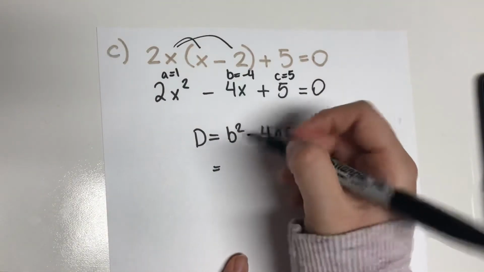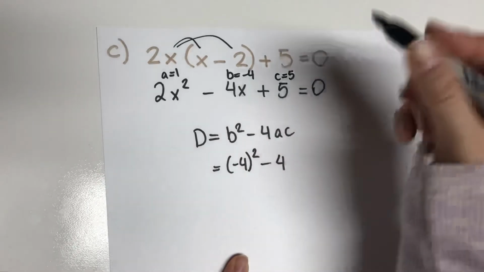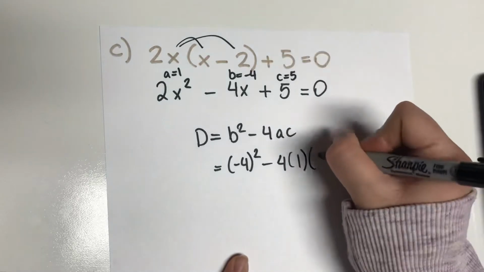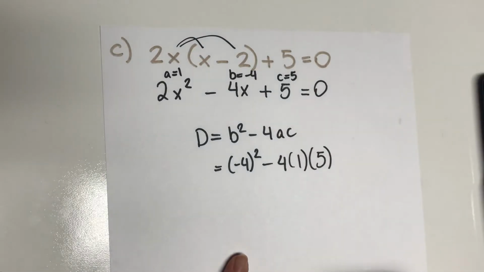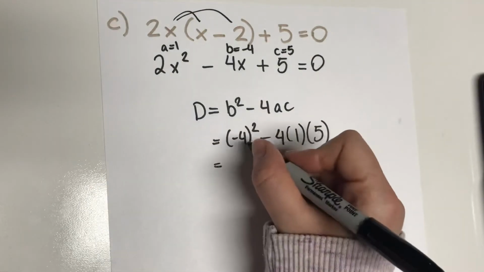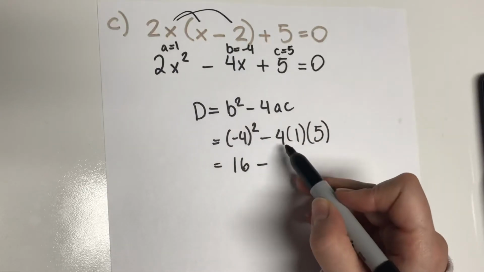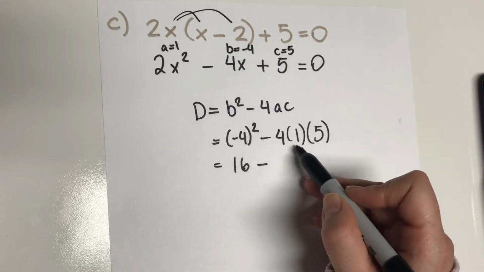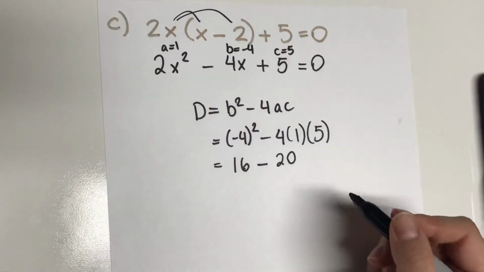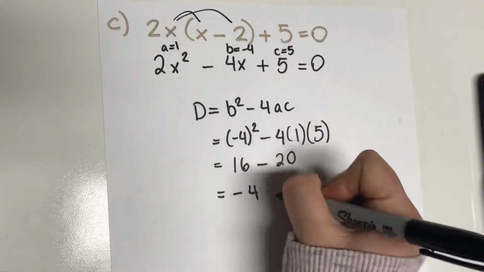b, so -4 squared minus 4, a is 2, and c is 5. I'm going to simplify. -4 times -4 is 16, minus 4 times 2 is 8, times 5 is 40. 16 minus 40 gives me -24.